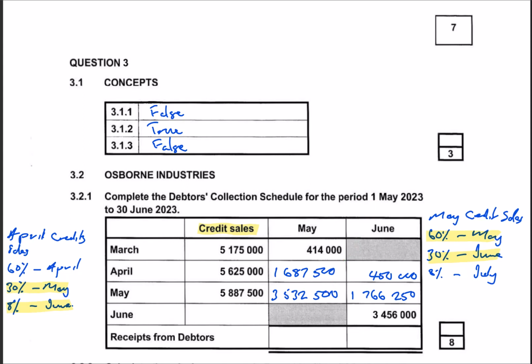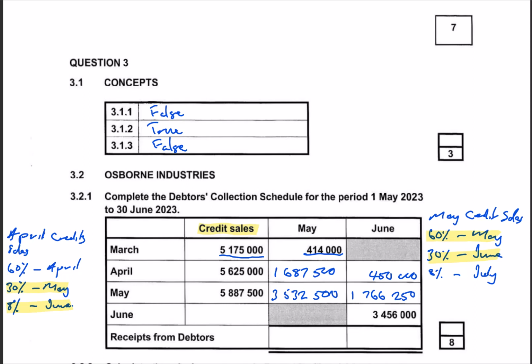If there is an option to check, you see this amount here. You know the last one is always 8%, so if you say 5 million, hope it comes right: 5,175,000 times 8%. See, it gives you this amount here. So that's how you need to work these things out.